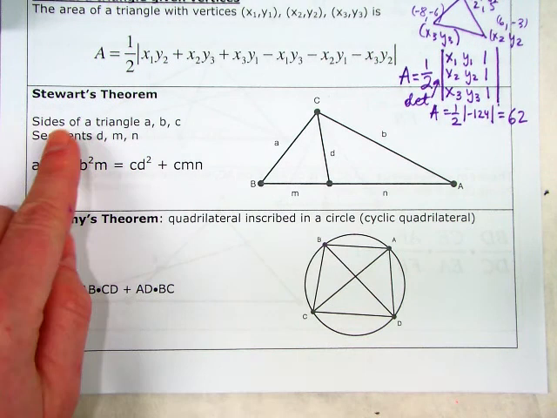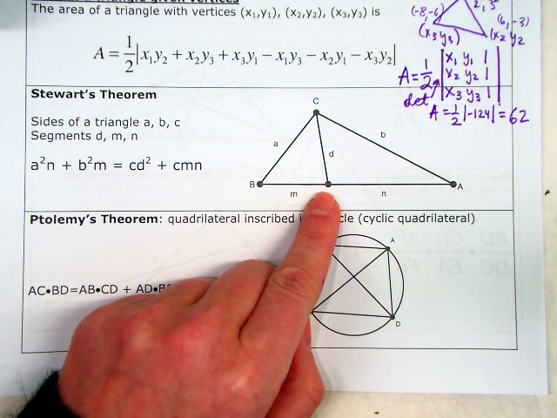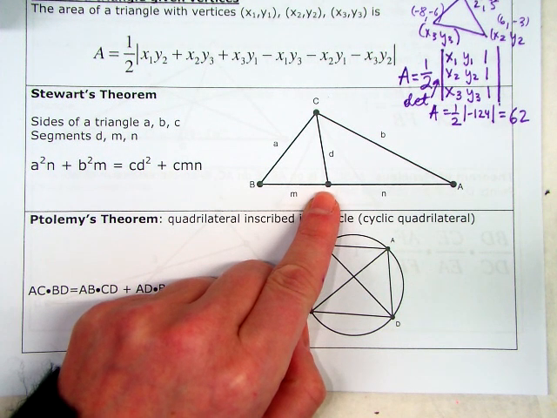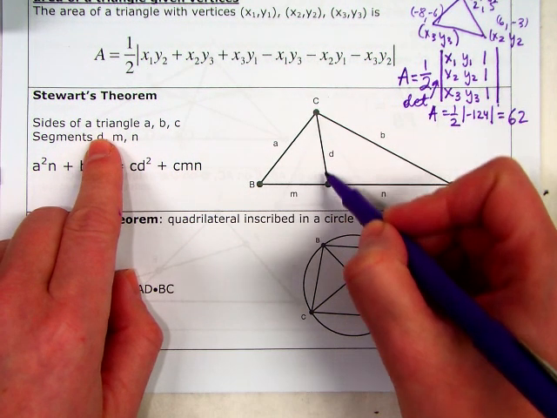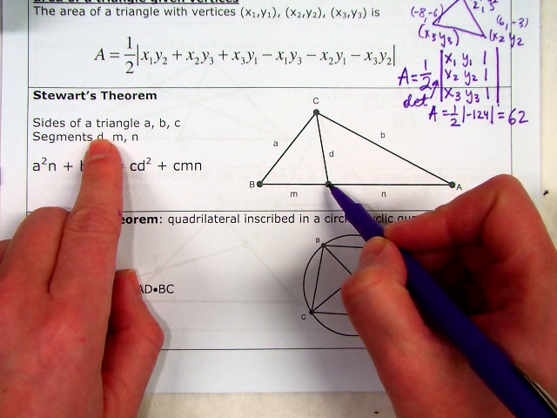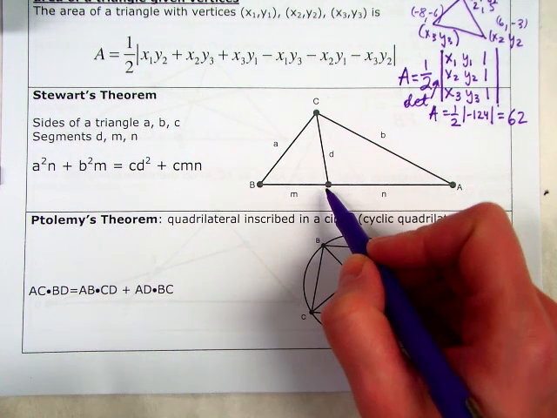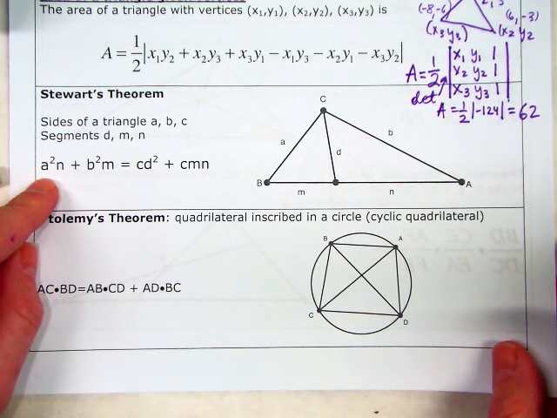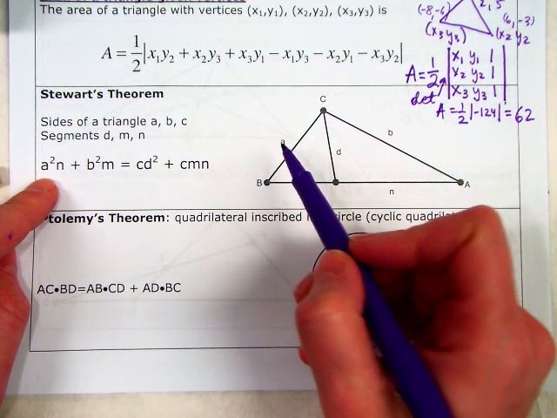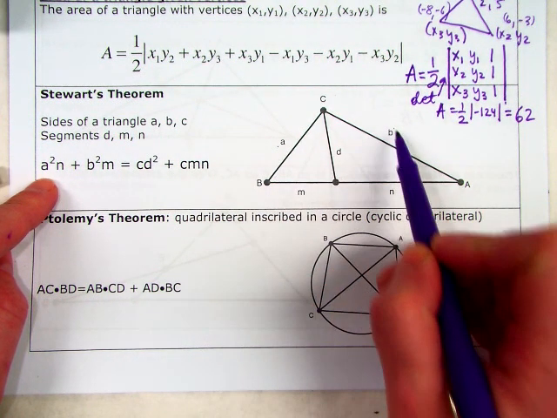This looks very familiar because when you guys did medians and altitudes, this is another one of those. If you have a triangle with a line drawn right here, this is not an angle bisector, just any random line. Here's the Stewart's theorem that you can use. The problem that I could give you with this, I would give you this side, this side, this side, this side, and this is missing.